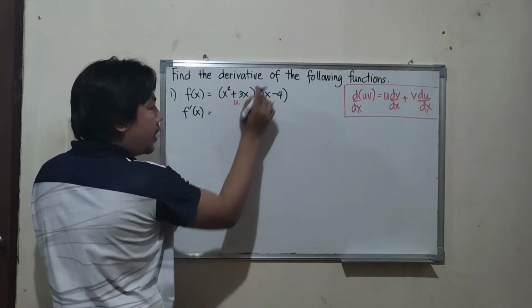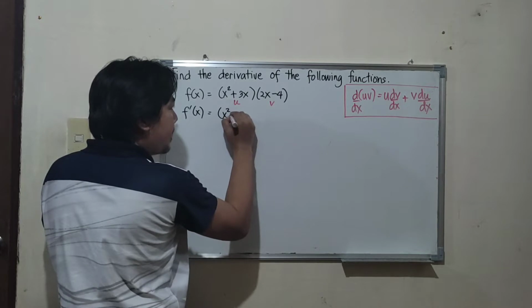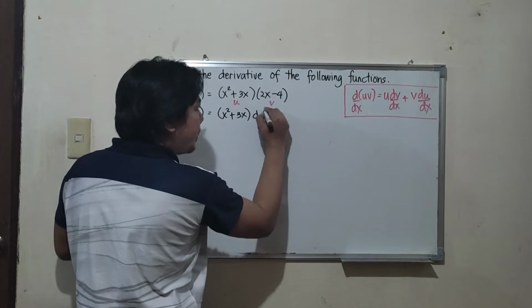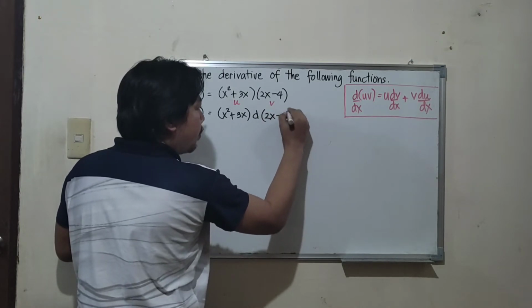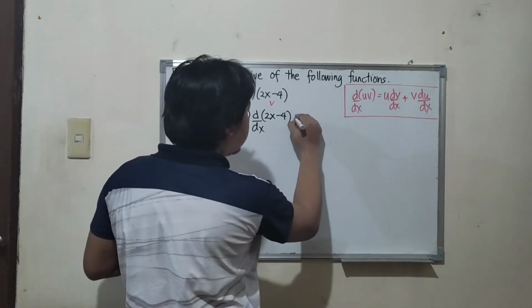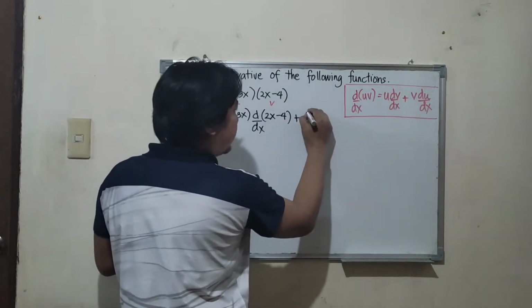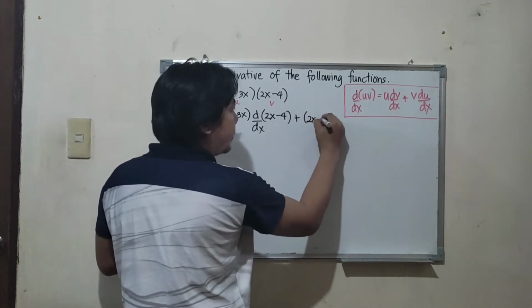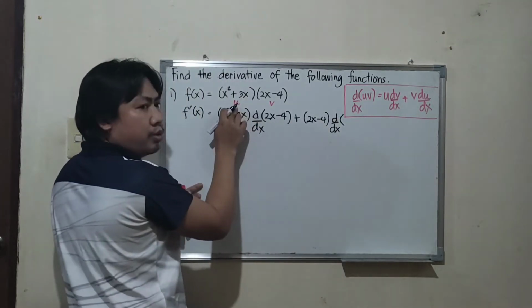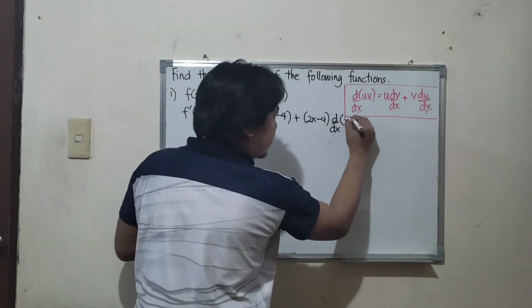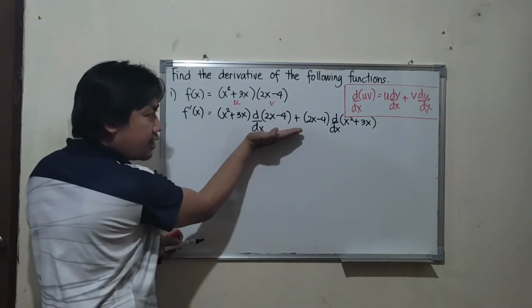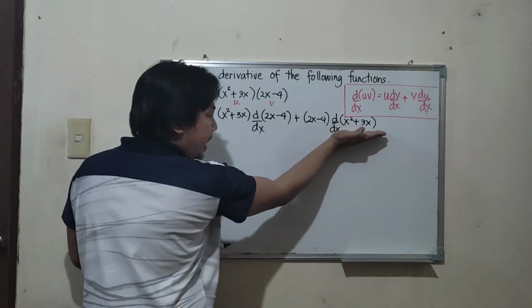So this is the u, x squared plus 3x, times derivative of this term, derivative of 2x minus 4 with respect to x, plus 2x minus 4, just copy 2x minus 4, the v, times derivative of u, which is x squared plus 3x. Okay, so now get the derivative of this term, 2x minus 4, and x squared plus 3x.